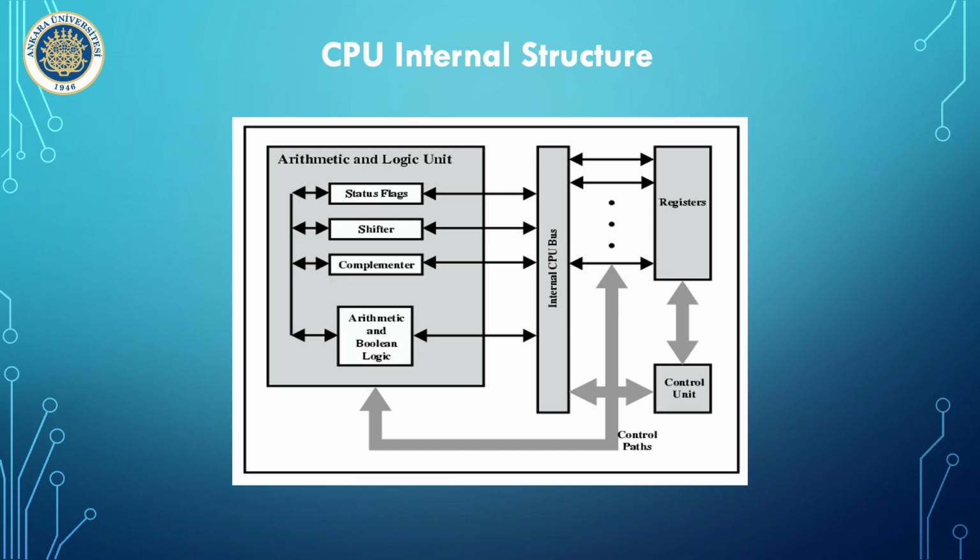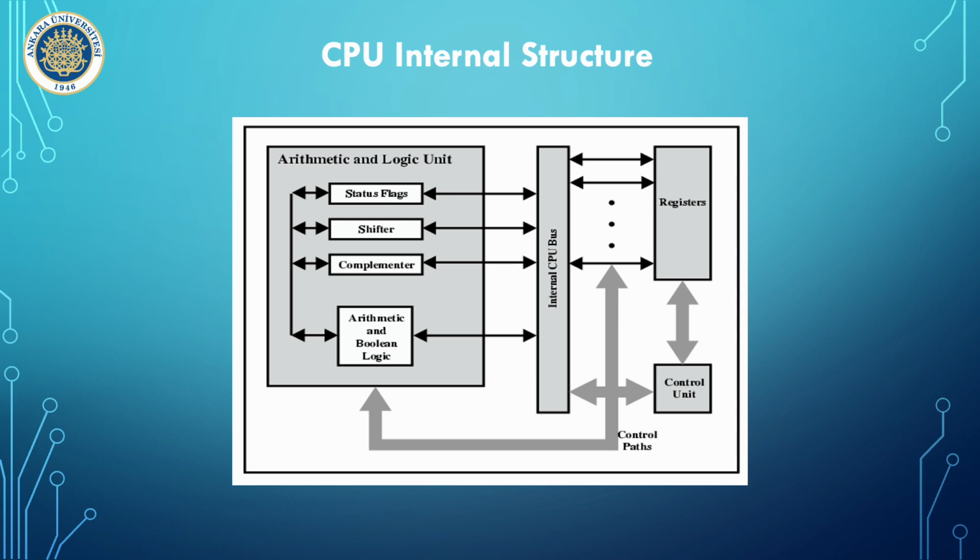Inside the CPU itself, we can identify several key components. There is an arithmetic logic unit, which performs operations like addition, subtraction, and logical comparisons. There is the control unit, which coordinates when each part of the processor should be active.